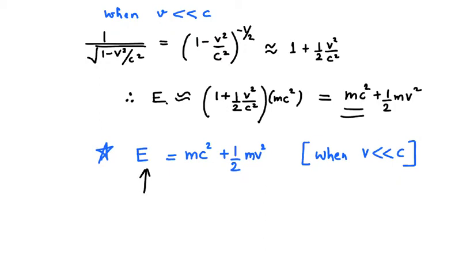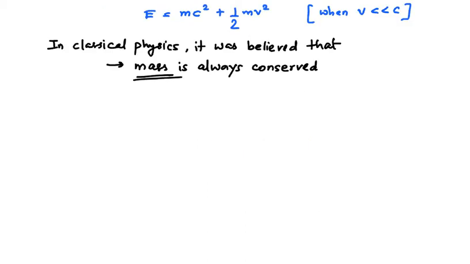In classical physics, it was believed that mass was always conserved, and the term mc square in the above equation would therefore have been an immutable constant. Further, you will recall that one was always at liberty to add or subtract an overall constant from the energy, since the zero of energy was arbitrary. Thus, in the classical context, this equation implies that when velocity is much smaller than c, the relativistic energy E of a body is just the classical kinetic energy plus an irrelevant constant mc square.